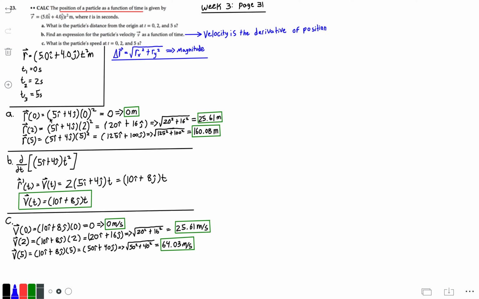So here we have our equation, and I'm plugging in different times, time 1, time 2, and time 3, into the equation. Since, as I said, it's a function of time, we have this r(t) here.